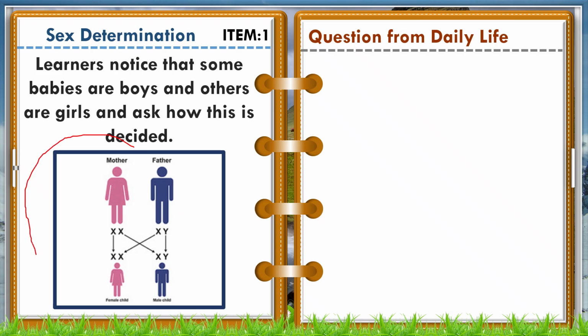So we have our diagram here. We have the mother, the father, XX, XY, and they are giving us a possibility of a girl, XX, and a possibility of a boy, XY.